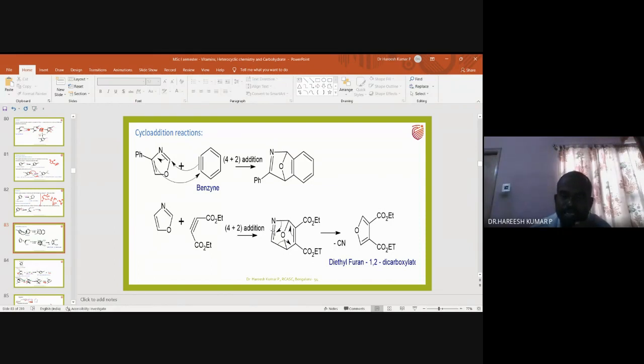So that means the C triple bond N will go out as a leaving group. How many electrons are involved? 2 electrons, 2 electrons, 2 electrons. 6 electrons involved in a cyclic manner is a concerted reaction, and this product is obtained.